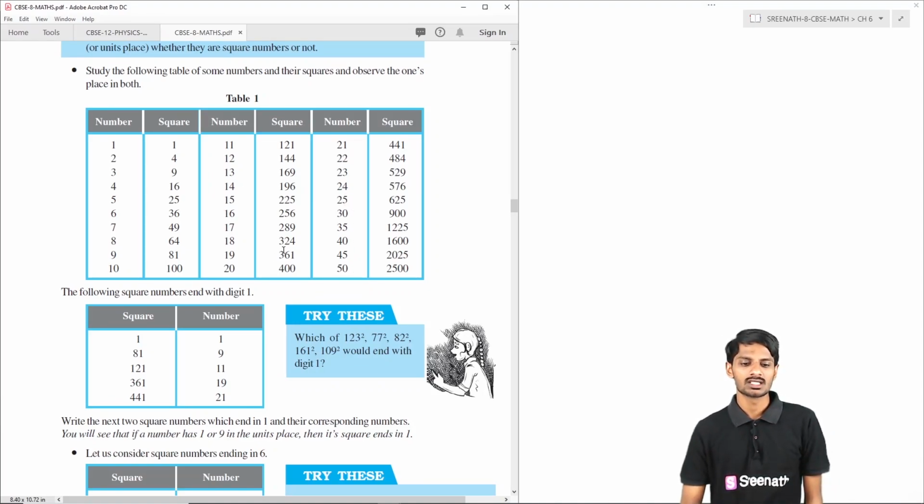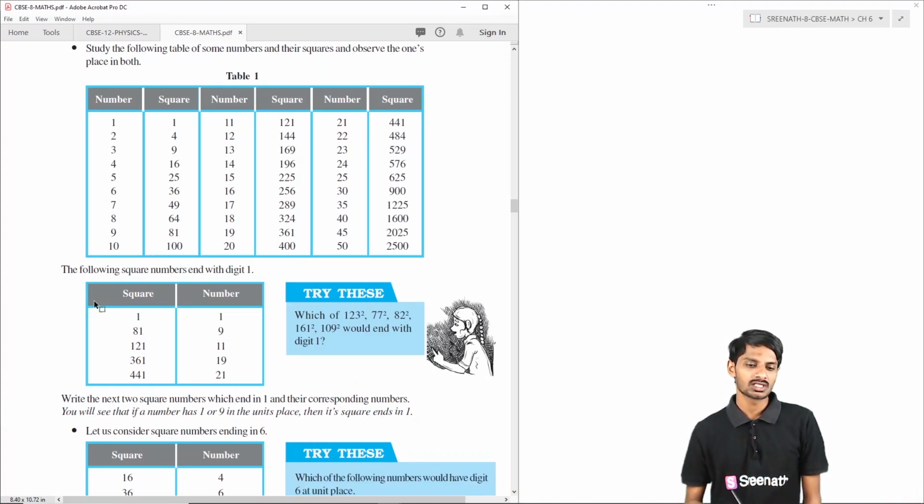So if you carefully observe these square numbers, 81, 121, 361, 441, all these end with 1. Their units place is having 1. So if you find out the number for it, it is 1.